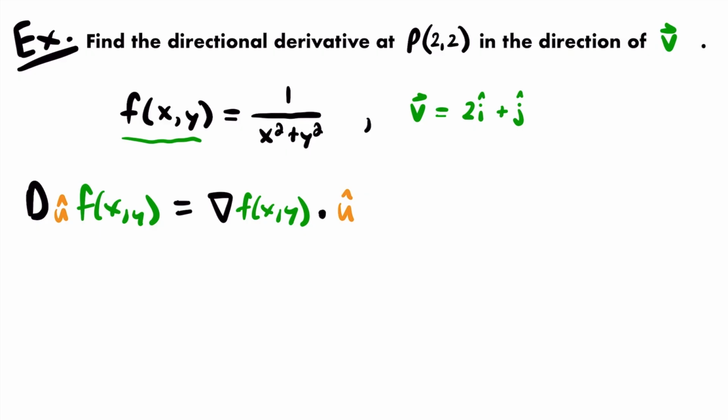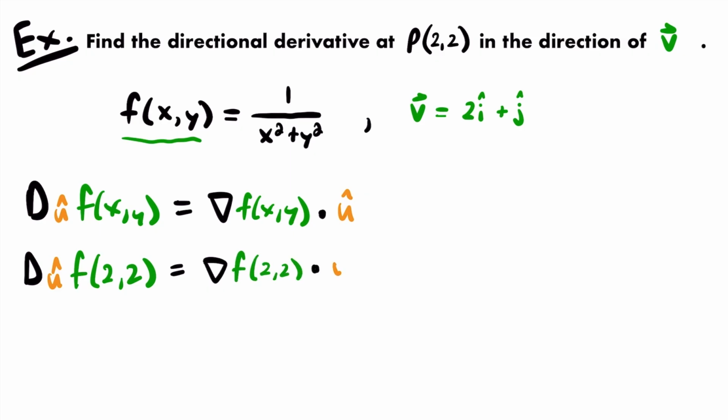In fact, we do want to find a specific derivative, so I'll take this one step further. We want to find it at the point 2, 2, which means we can set this up, the derivative in the direction of u for f of 2, 2 will be equal to the gradient of f of 2, 2 dot product with vector u. Okay, so what we want to do here is first find this gradient vector at 2, 2, and then find the unit vector, and then take the dot product of those two vectors.